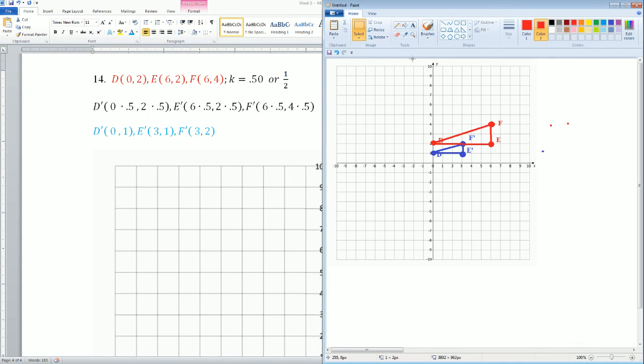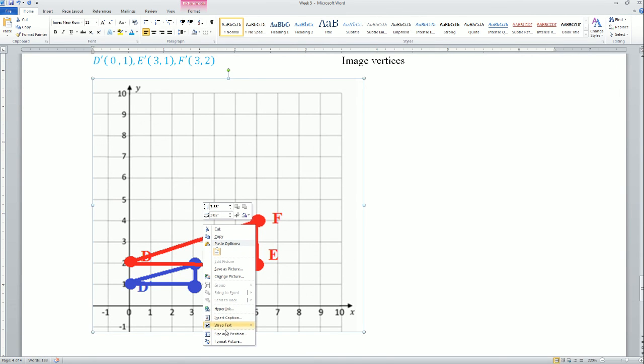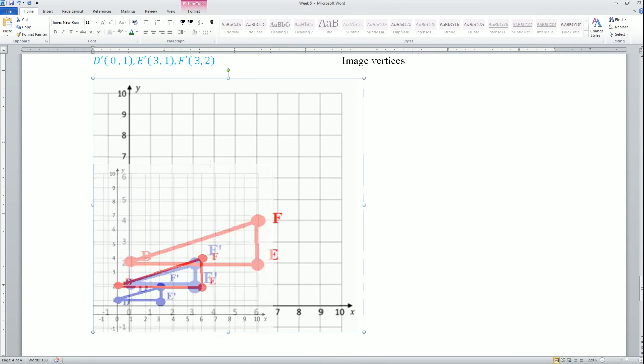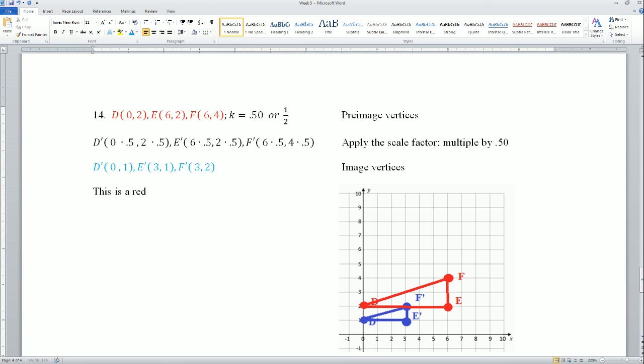Let's just grab the positive end here because that's all we care about. What can we say? We would say this is a reduction dilation because the red triangle is getting smaller.